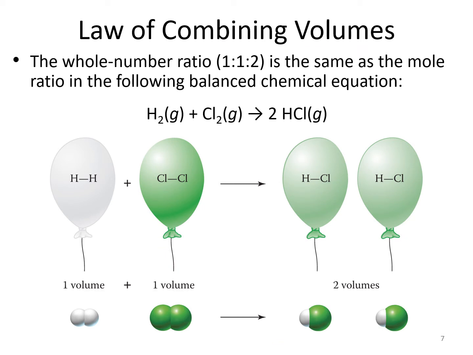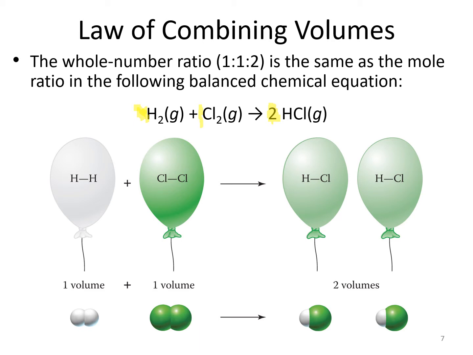So in the previous slide, I mentioned the idea that these stoichiometric coefficients, and remember the stoichiometric coefficients are what we call these numbers here in the front. For hydrogen it's 1, for chlorine it's 1, and for HCl gas it's 2.